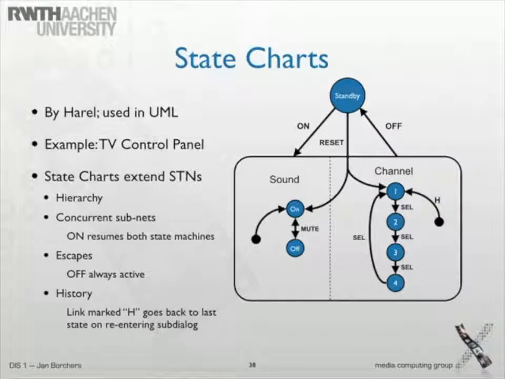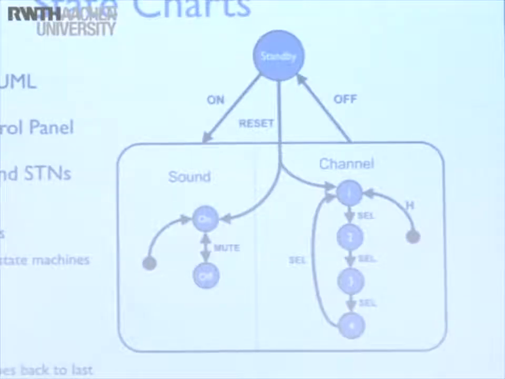And how are we modeling this as a state chart? Well, state charts are extending state transition networks. So they are similar to state transition networks, but they add a little to it. What they add is, first of all, hierarchy. As you can see here, we have a single state, and here we have a whole little network, and all of this is put into a box.